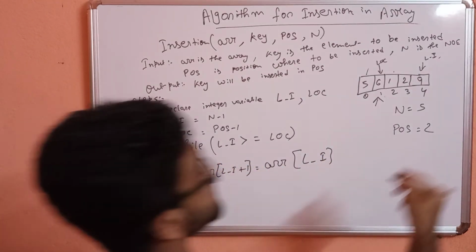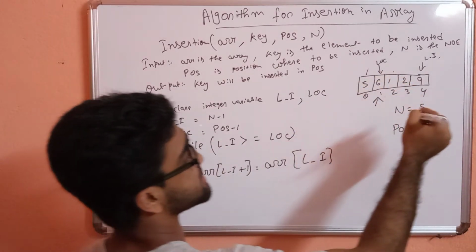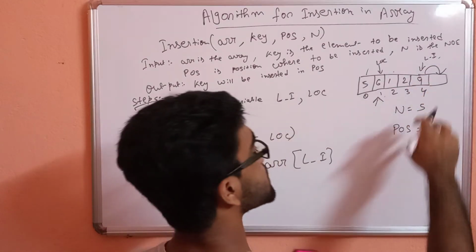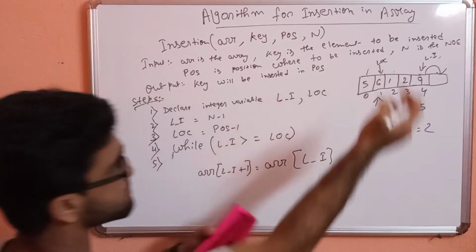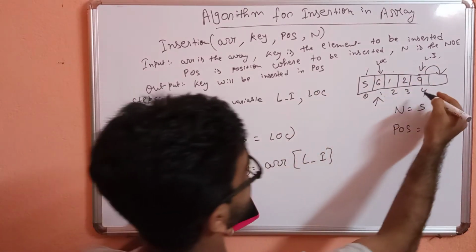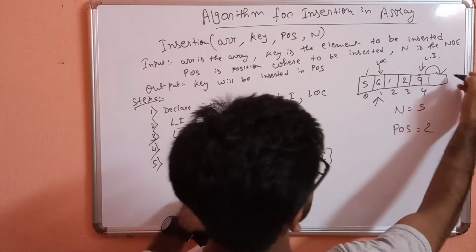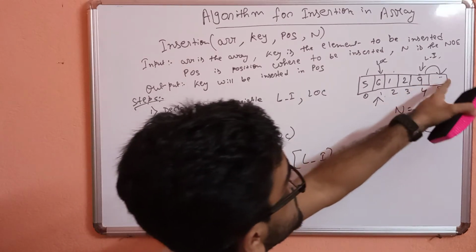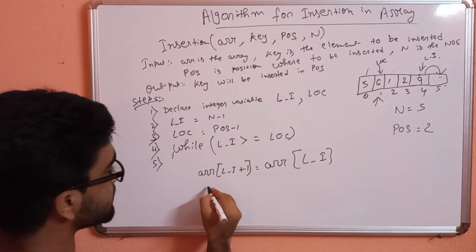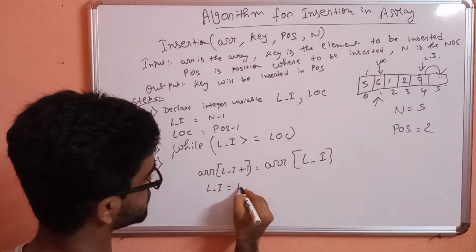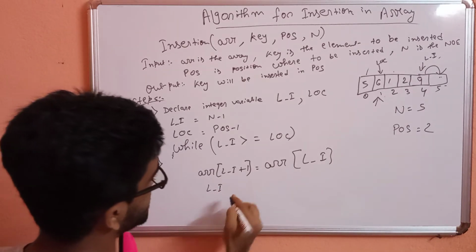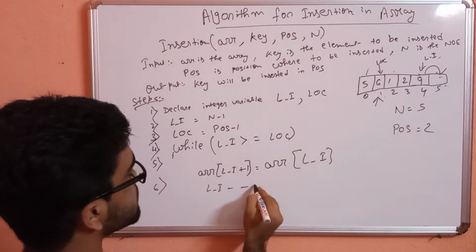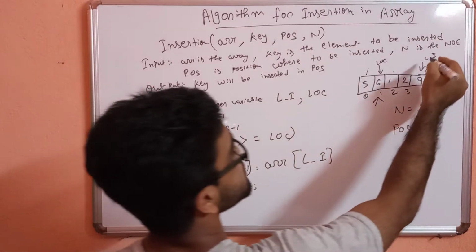That means we are shifting the element to its right to vacate this place. Li plus 1 is pointing to the fifth index. 9 will be shifted here first. Then li equals li minus minus. Then li will be decremented.